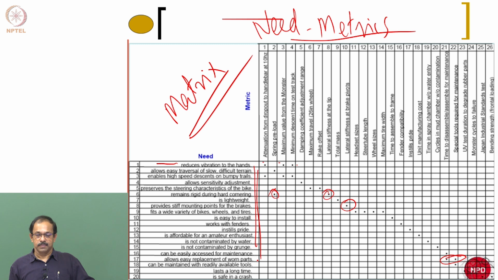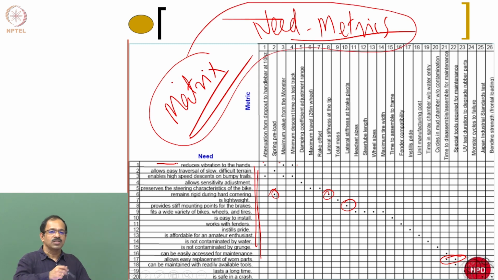Finally, we prepare a chart, the need matrix, to list all the needs and metrics in a proper format, and then show which metric is most important for that particular need and which metric is the least important, so that we know which parameter to change to get the desired customer requirement.